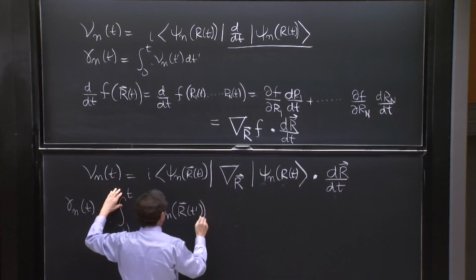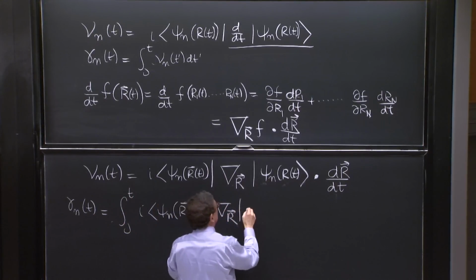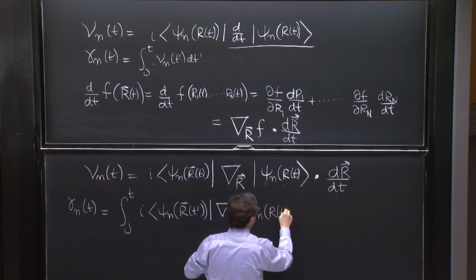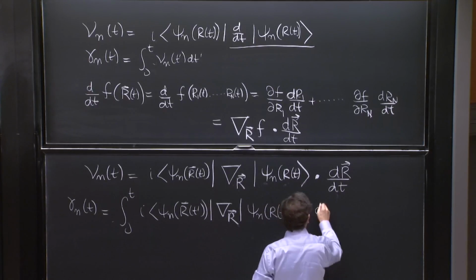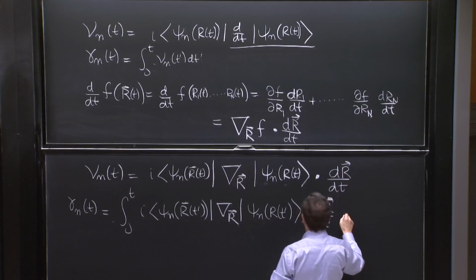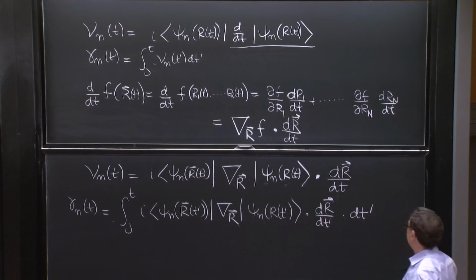There's lots of vectors here. Gradient r vector psi n r of t prime dotted dr dt prime dt prime. That's the last dt prime.